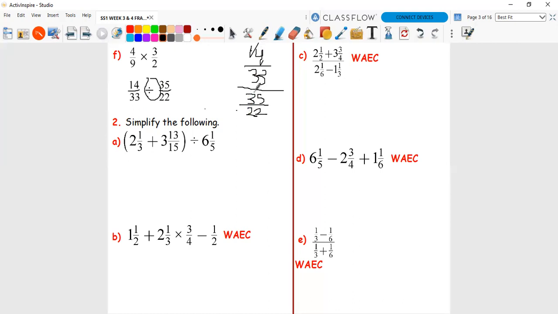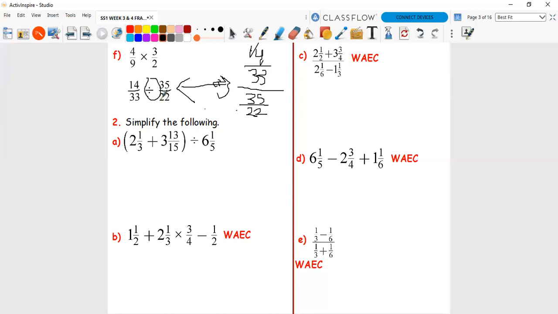So most times they give you in this format, you can break it down like this. Let me just do an arrow to both sides. They mean the same thing.